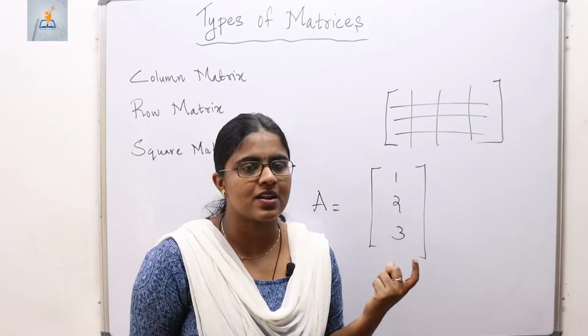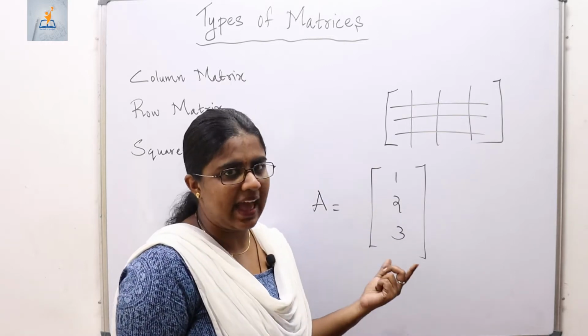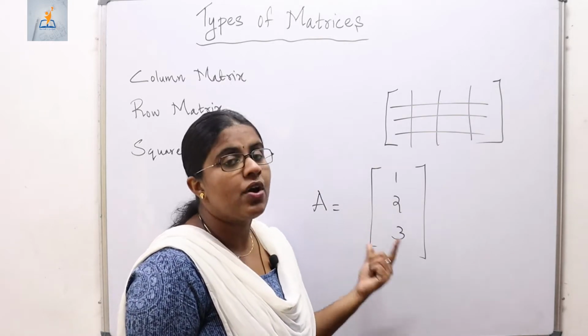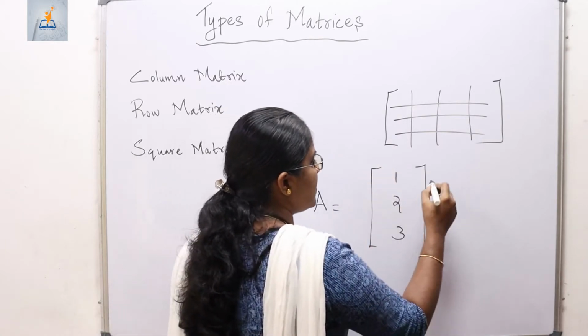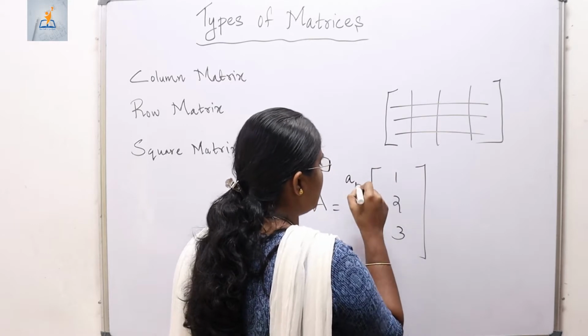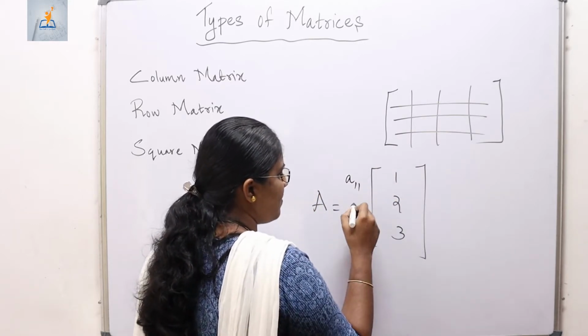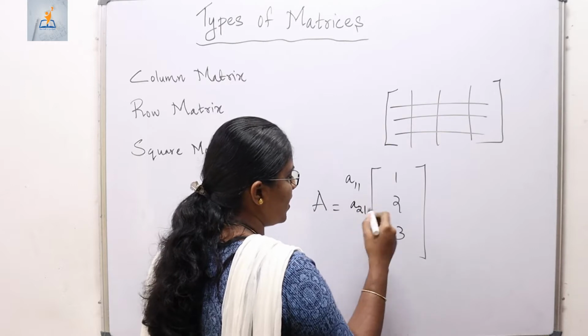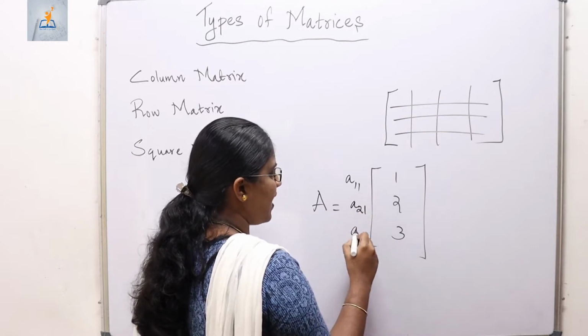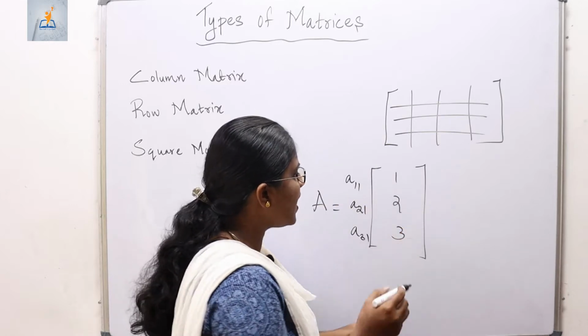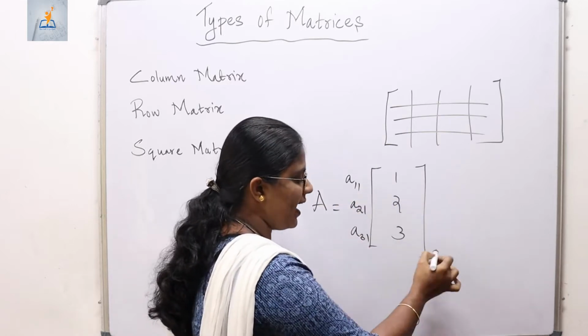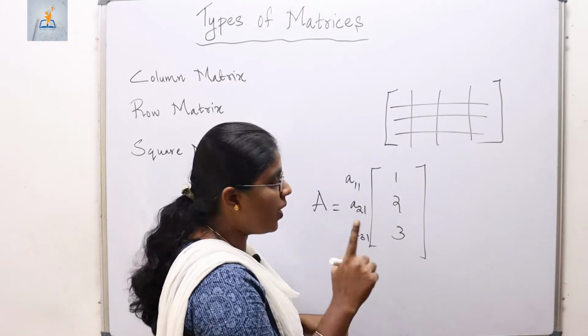Looking into this matrix, we can clearly say that this matrix has only one column. So the first element is A11, the second element is A21 and the third element is A31. So this matrix has three rows, 1, 2 and 3, but it has only one column.